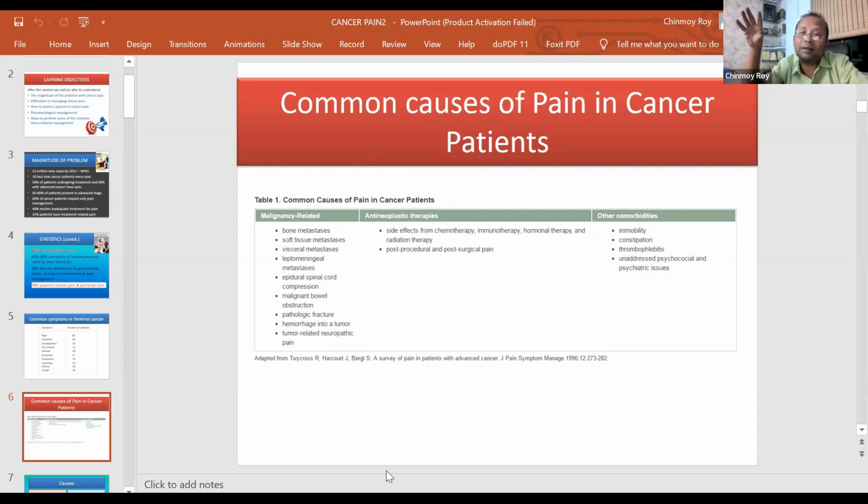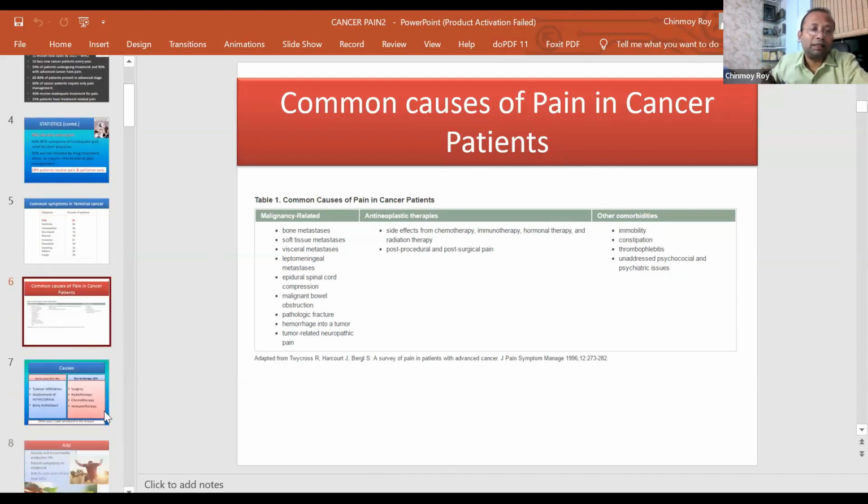After taking chemotherapy, peripheral neuropathy, the patient will say burning feet and burning hands. That is very common. Then other comorbidities: one patient has developed cancer, but the patient had severe back pain from earlier. You also have to take care of that.